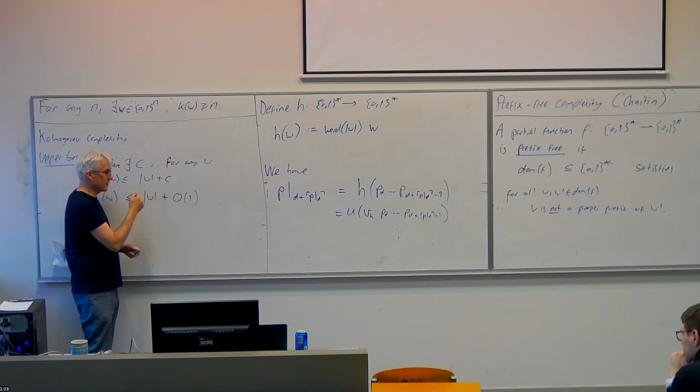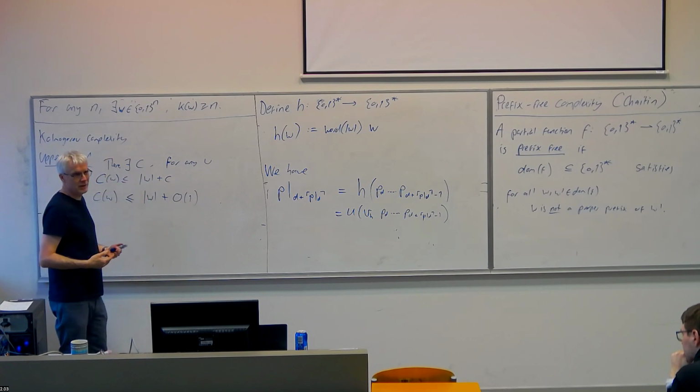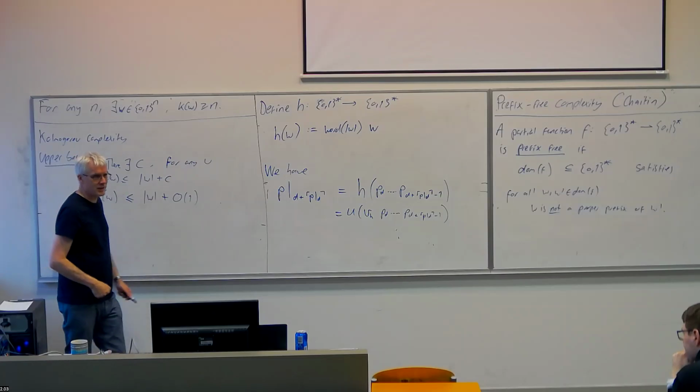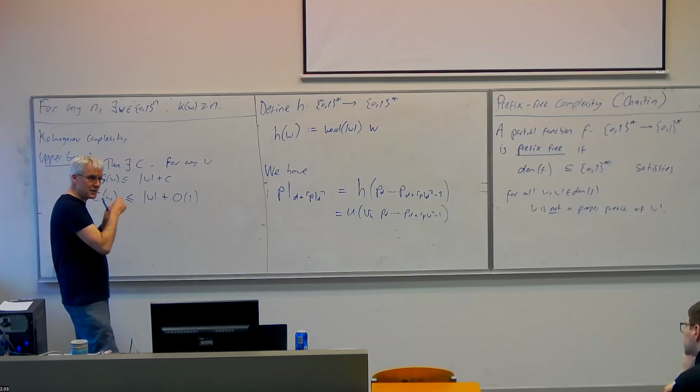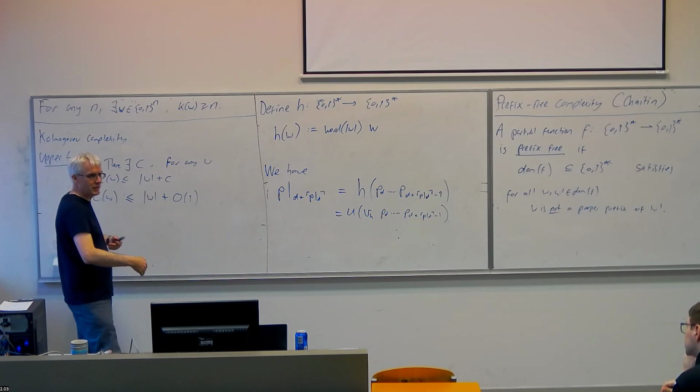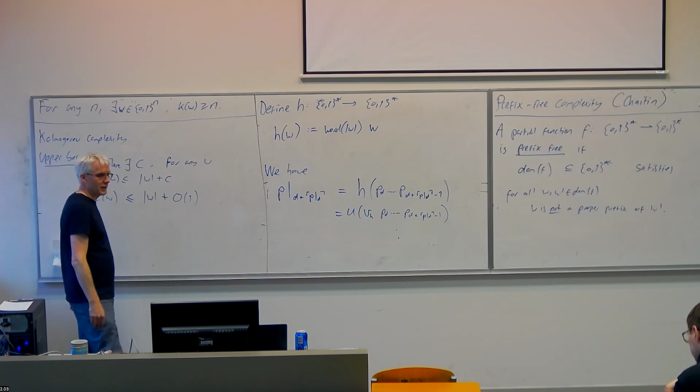The reason for that is, for any word, I did say it, I just didn't write it in this form, we can basically write a program that contains within it the sequence of characters in the word, and there's just a constant amount of additional stuff needed to make the program itself.